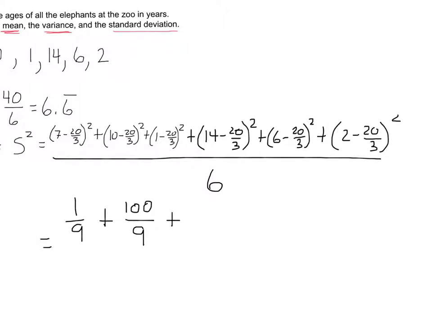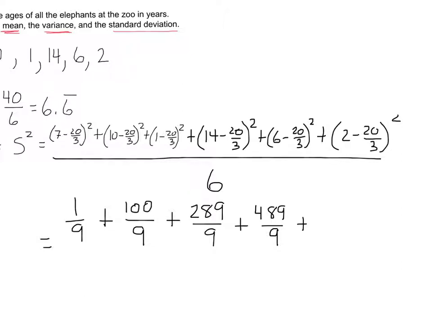Plus 1 minus 20/3 squared, what is that? 289 over 9. Plus 14 minus 20/3 squared, 484 over 9.